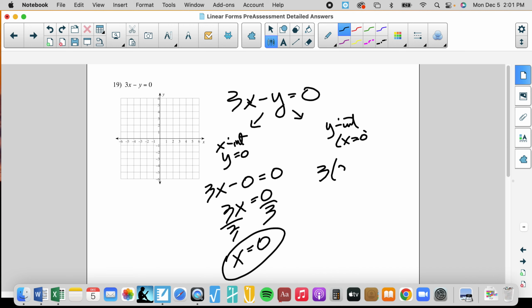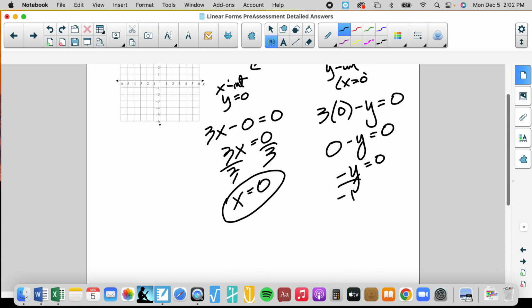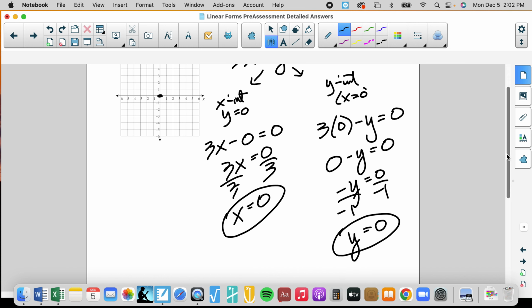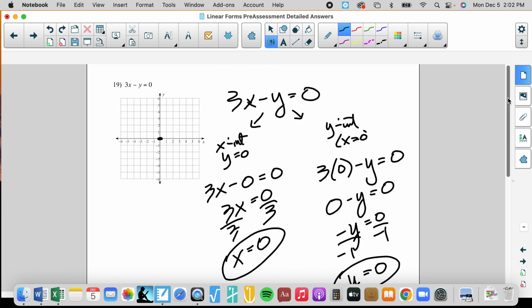We have 3 times 0 minus y equals 0. That's 0 minus y is 0. Negative y equals 0. We're going to divide by negative 1. 0 divided by negative 1 is 0. So what we notice here is that the x-intercept is 0, and my y-intercept is also 0.